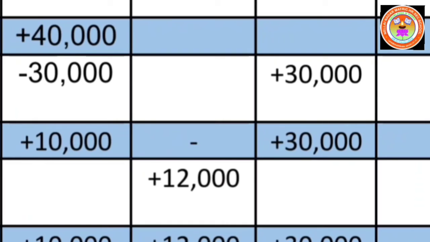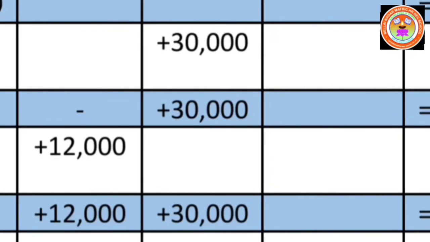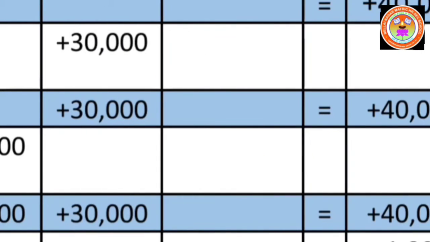Then under the stock column, you have plus 12,000, so bring down plus 12,000. Then 30,000 in the bank column, write plus 30,000 here also. Then there is no transaction for the furniture column, so skip that one.